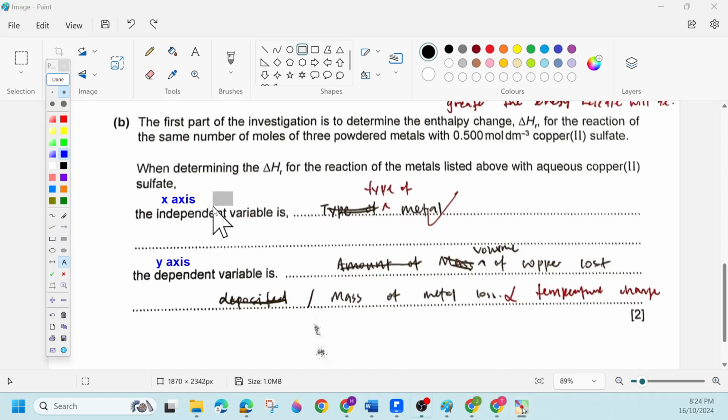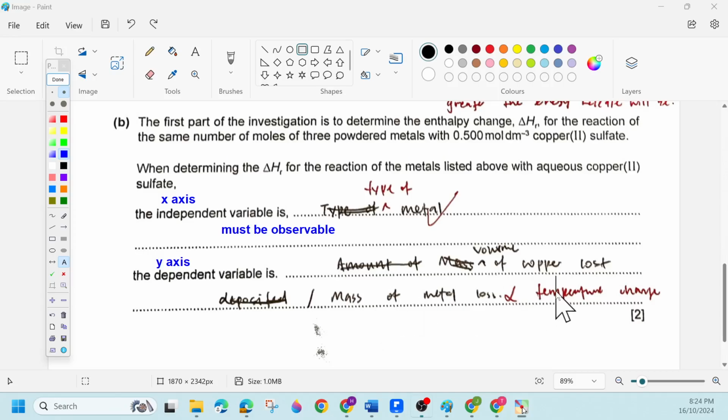But you cannot put the E cell, because your independent and dependent variables must be observable, measurable or observable. For the first one, because you're changing the metals, it's the type of metal.